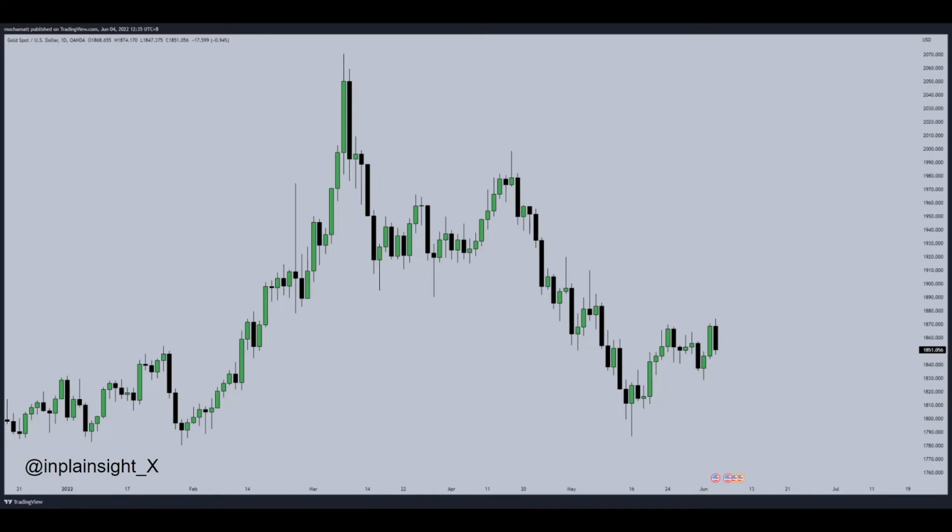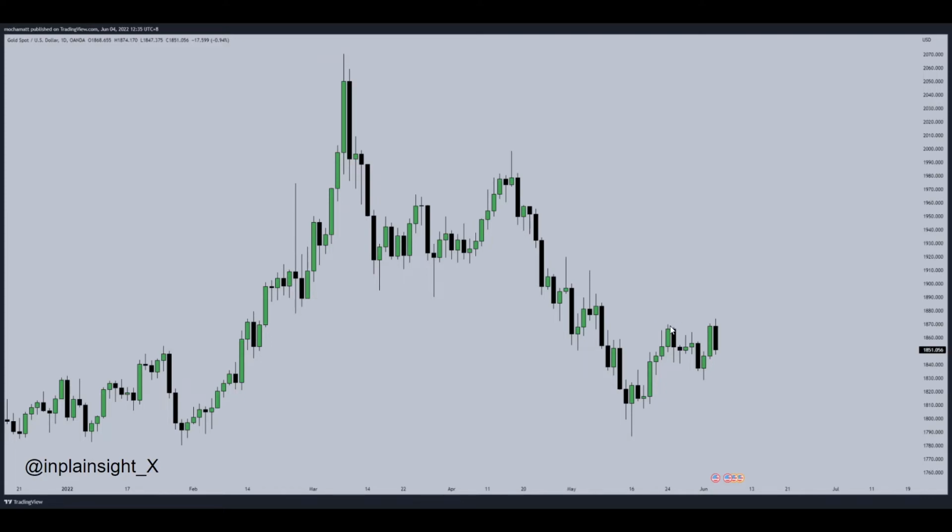Whenever you're looking at Aussie, you can also look at gold. Occasionally they'll have correlation. And I think gold looks pretty good at the moment. I guess I didn't mark this out. Lazy me. Horrible. But you can see price respecting this gap here and then starting to move higher.